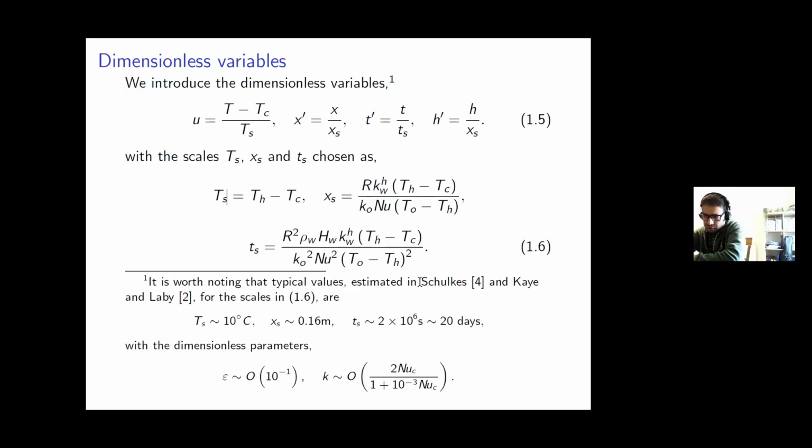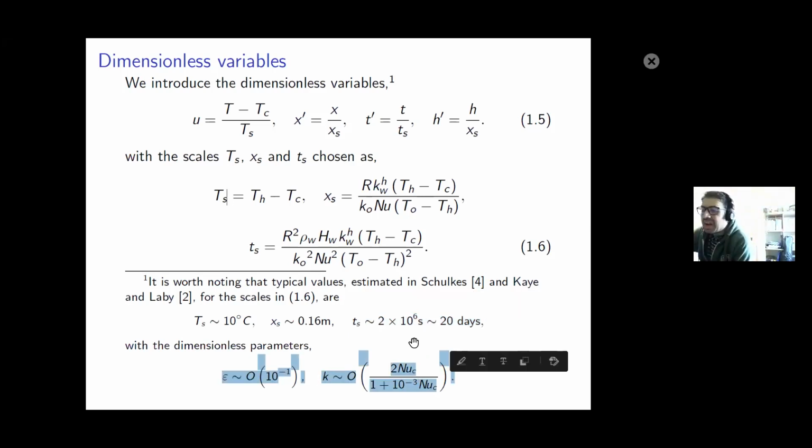The other report's from Schultz, and this was done for Statoil, and it's not published, but it was available to us for this particular study. And these estimate these scales to be along these lines. So when we're talking about this wax layer formation here, an important feature is that it happens over a time scale of 20 days, a month, that sort of time period. And although I haven't introduced epsilon and k yet, I probably should have put these on another slide. They will be introduced very soon.